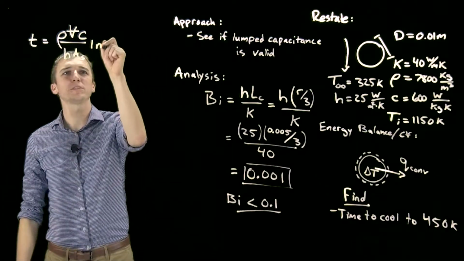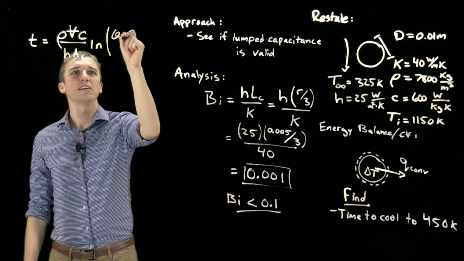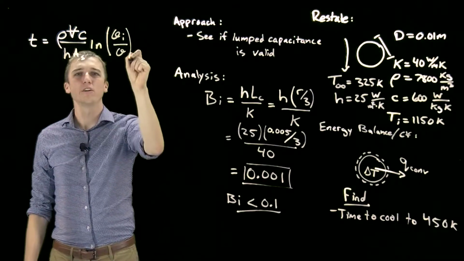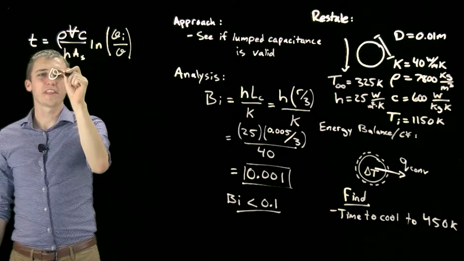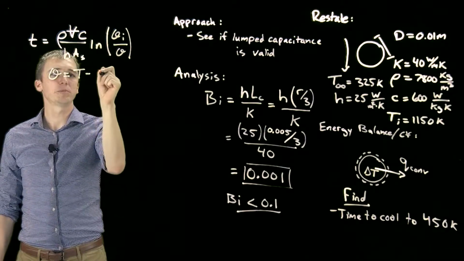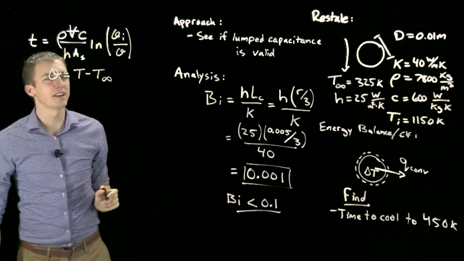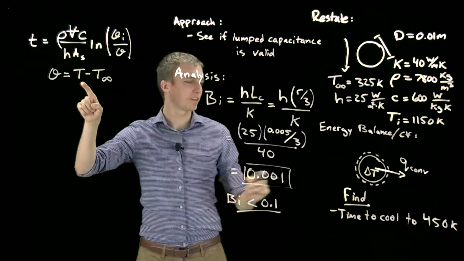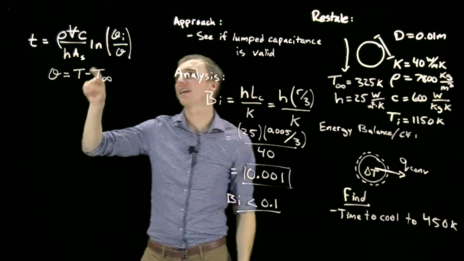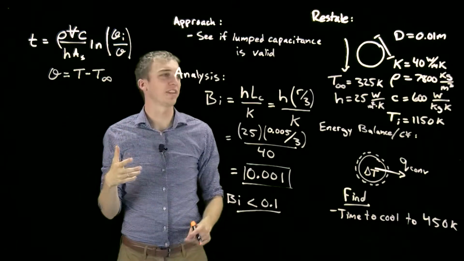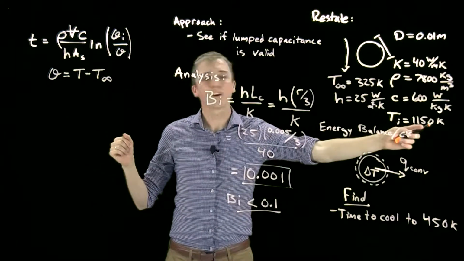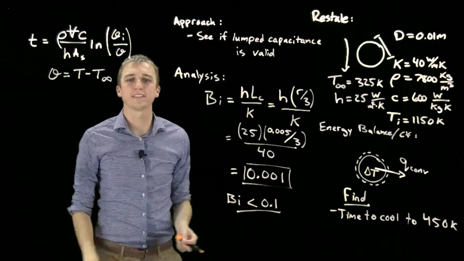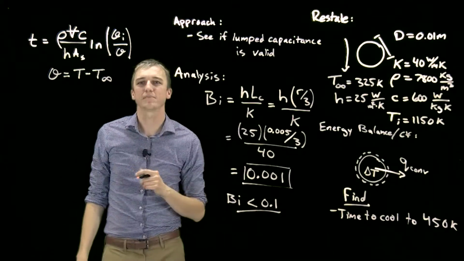That whole thing is multiplied by the natural log of theta i over theta. And we'll remember that theta is just equal to a temperature minus T infinity. So theta in this case would be the temperature that we're trying to get to, 450 K. Theta i is our initial theta, so that would be the temperature we started at, 1150 minus T infinity.